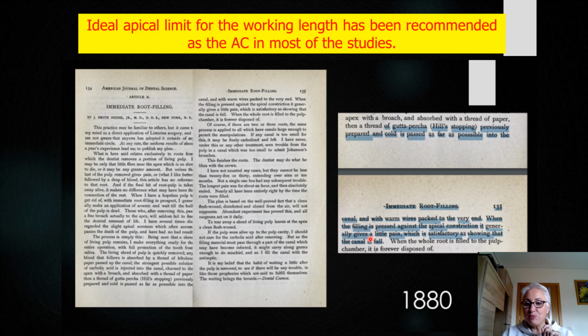When the sealing is pressed against the apical constriction, it generally gives a little pain, which is a satisfactory showing that the canal is full. Pressing till the apical constriction. So the ideal apical limit for the working length has been recommended as the apical constriction in most of the studies.